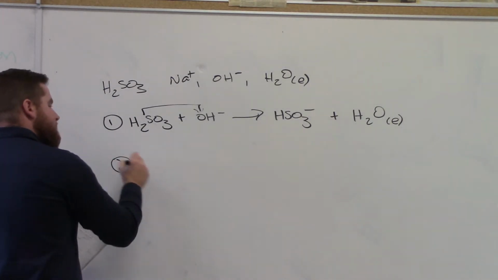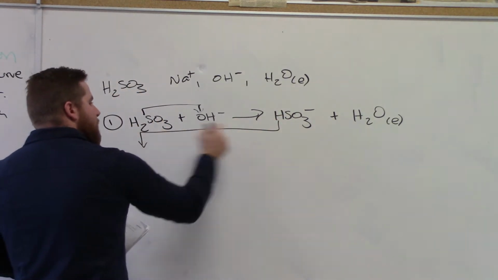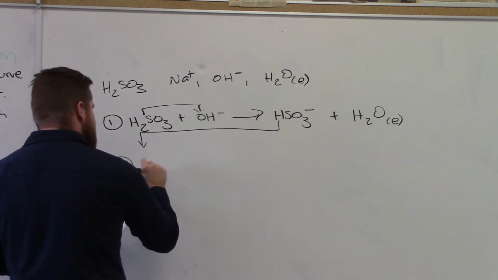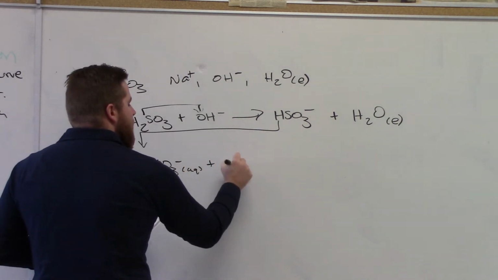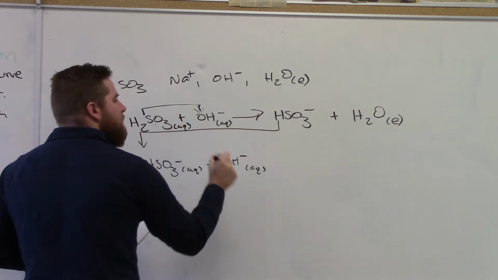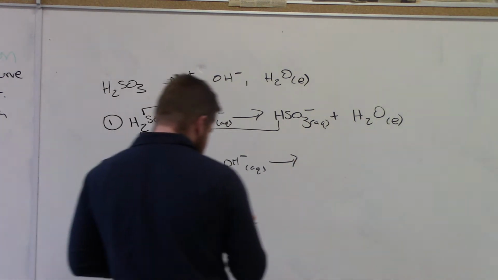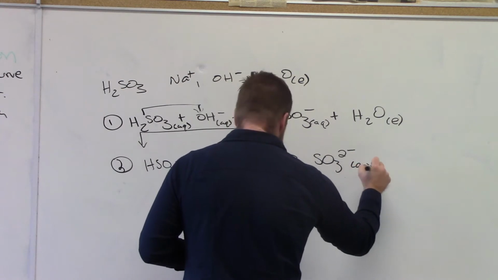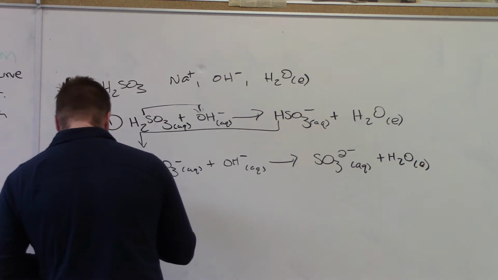So my second quantitative step, I'm going to continue titrating the products of this first reaction with sodium hydroxide. So this is HSO3- plus OH-. I should probably put in the (aq) for all of these. And then that makes SO3 2- plus H2O.